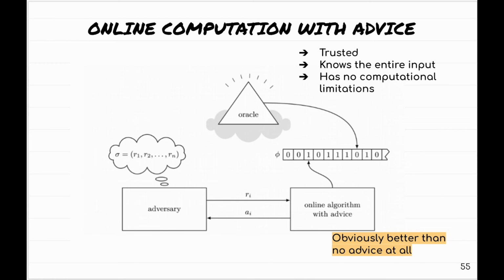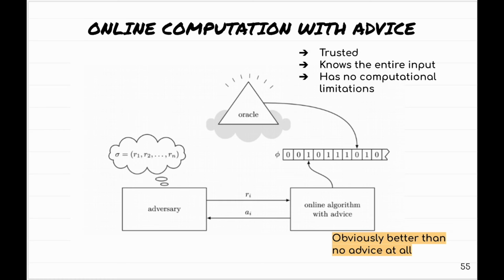Instead of just the input provider or the adversary and the online algorithm having a sequence of input and output conversation, what we have here is another component, which is the oracle writing on a particular tape called the advice tape. Here the oracle can encode certain information, just like what I mentioned a while ago.